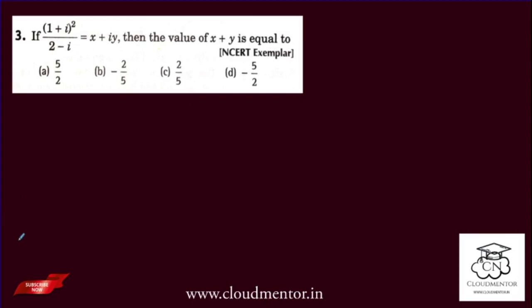Okay, so (1 plus i) the whole square divided by (2 minus i) is equal to x plus iy.